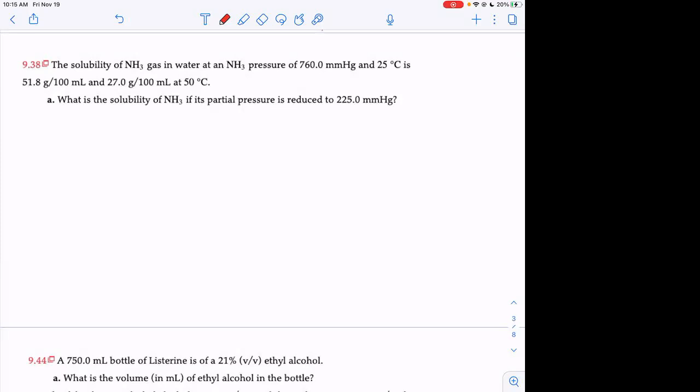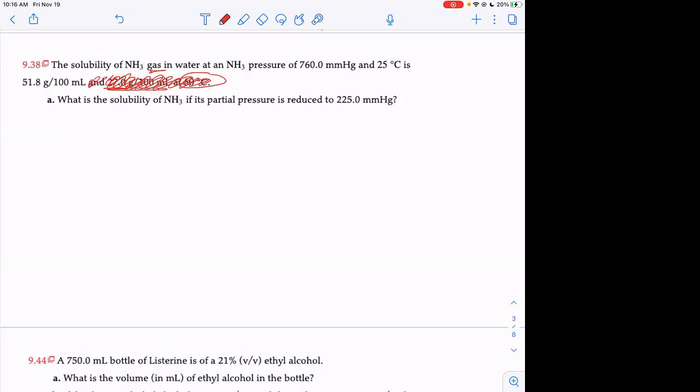And 27.0 grams per 100 milliliter at 50 degrees Celsius. So it's giving you two different solubilities because it's giving you two different temperatures. We'll just work with one of these. But you can see if you increase the temperature, this is a gas in water, it decreases solubility. You notice that? Which is what we just talked about. But for time's sake, let's just work with one of these.